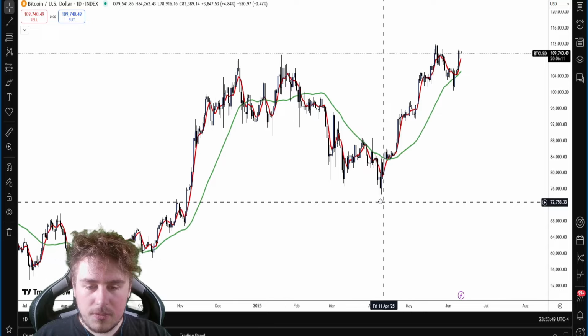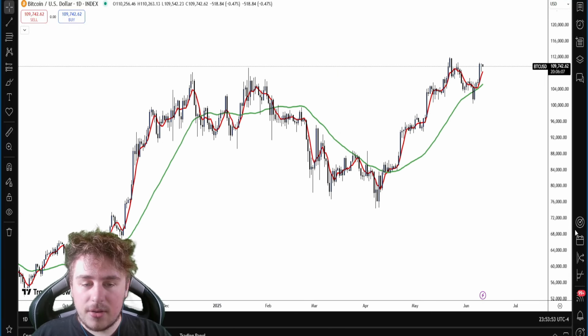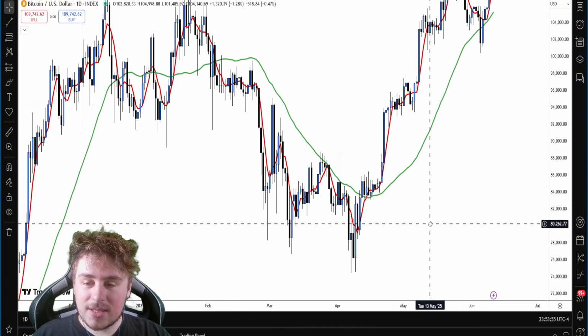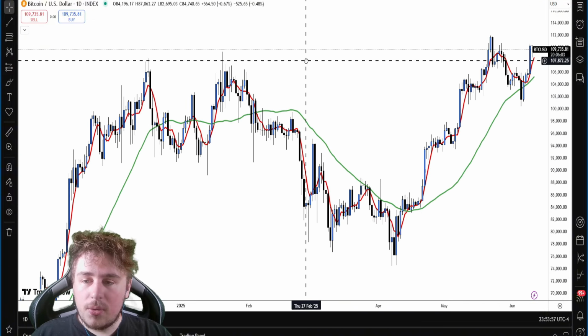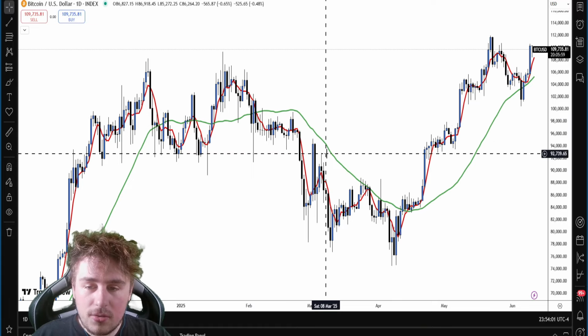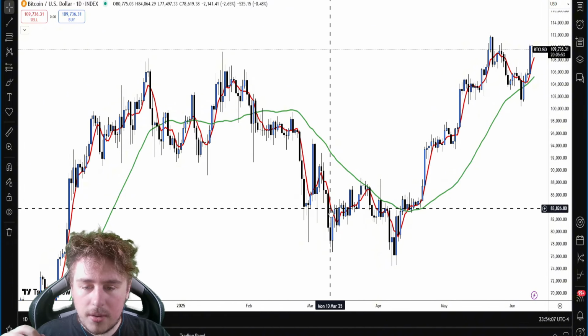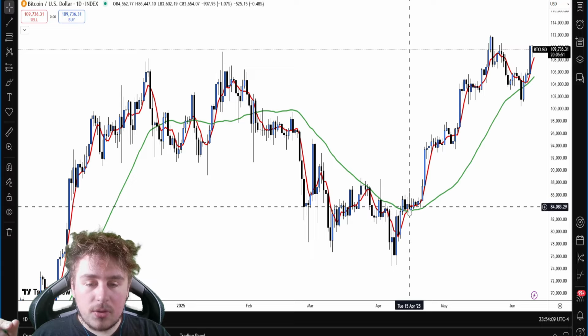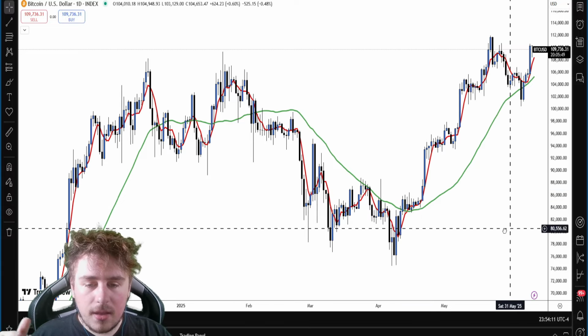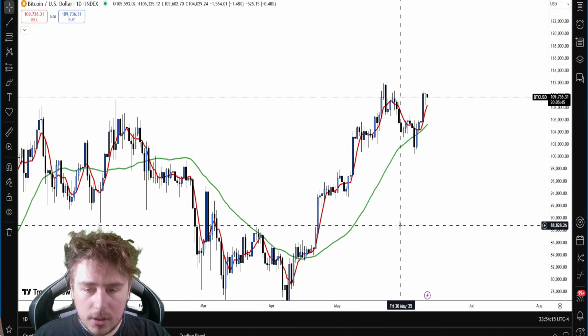Right? So we can see we have this indicator over here. And if we compare it to the last one, even just as an example, actually before I do, we can see every time the red line goes below the green, okay, remember this, every time the red line goes below the green, that means we are bearish. Every time the red line goes above the green, that means we are bullish.